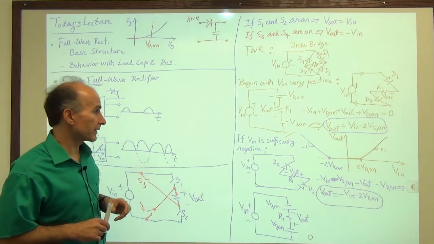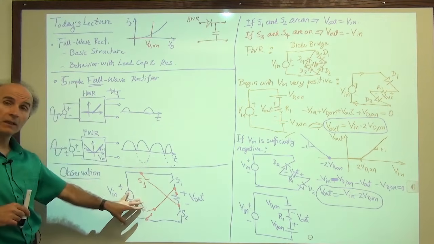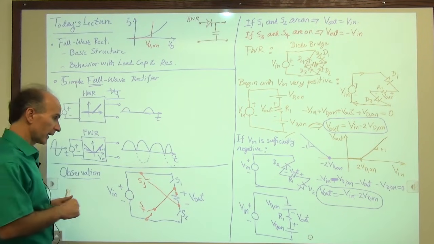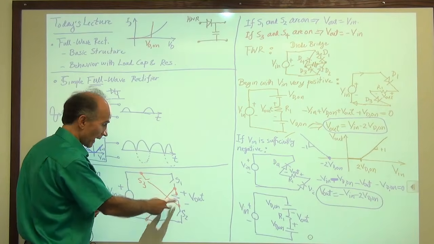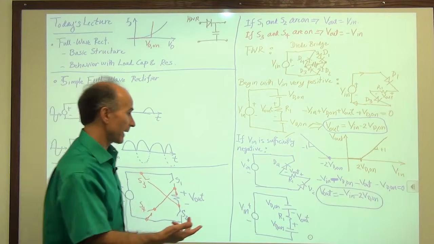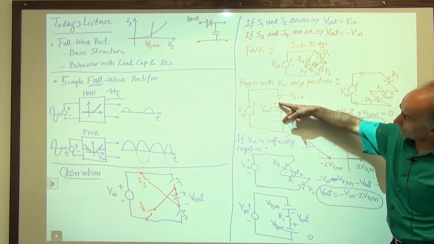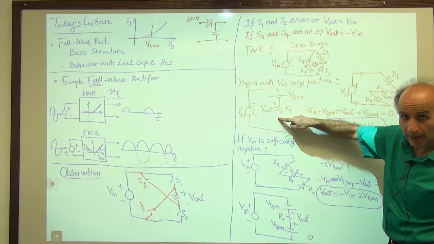Now, do we also see similarity between this operation and what we visualized originally? Yes, so we said 2 switches connected to the resistor, like so, and then 2 other switches that flip the terminals. And that's what's happening. If you look at R1, you see that R1 is connected to V in, positive here, negative here, right?